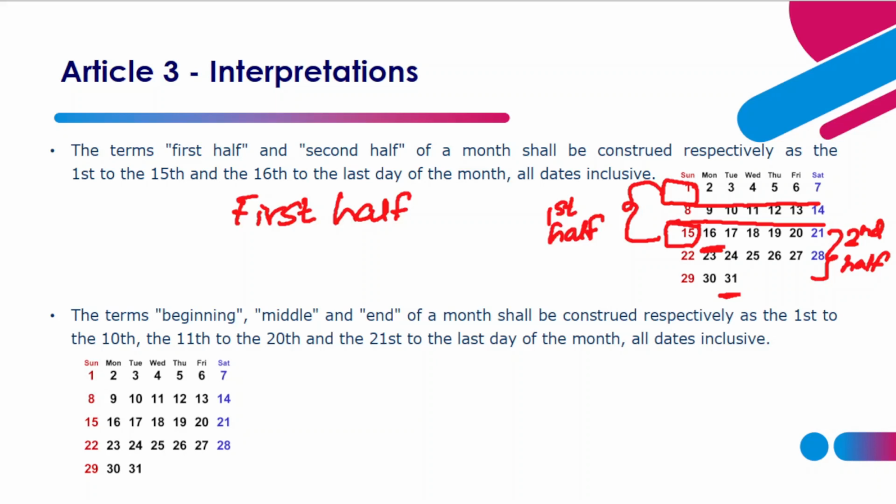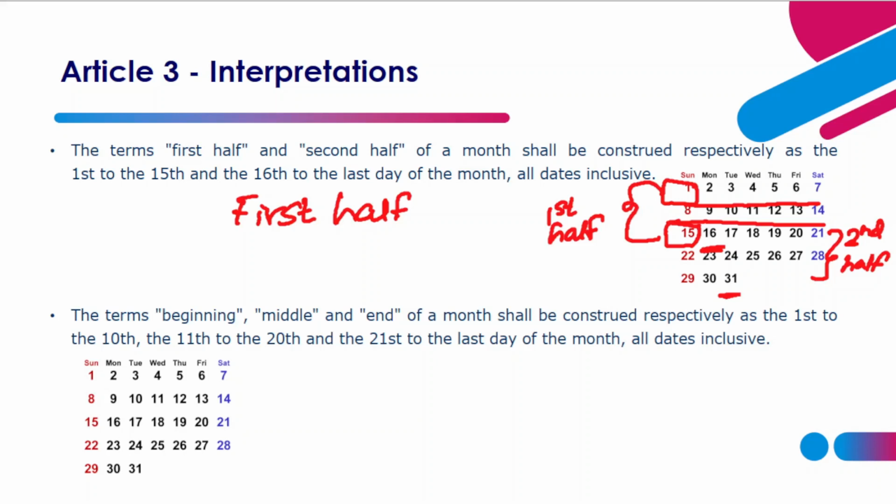Why can't we define the last day of the month? Some months it's 31st, some months it's 30. If it's February, it can be a leap or non-leap year and the date could be different. So we just mention the last day of the period so that it's clear to everybody. But remember, it includes all dates inclusive. So even if it's on the 15th of a certain month, it belongs to the first half.